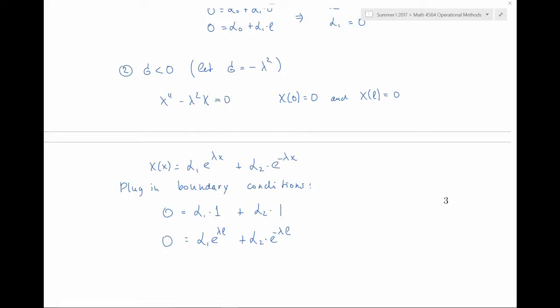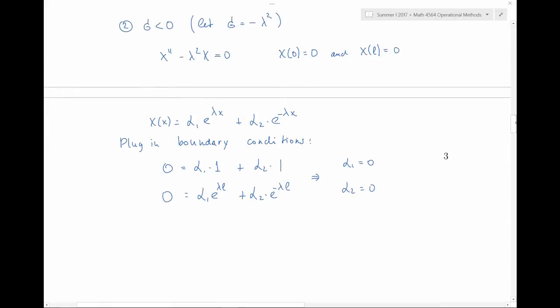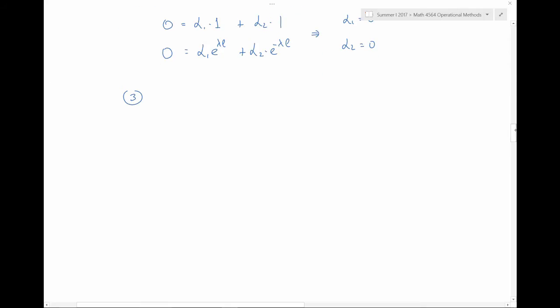And therefore the only solution possible is alpha 1 equals 0 and alpha 2 equals 0. And as a result, X of x in this case has to be a zero function again. The next possibility for us is to assume that sigma is positive.